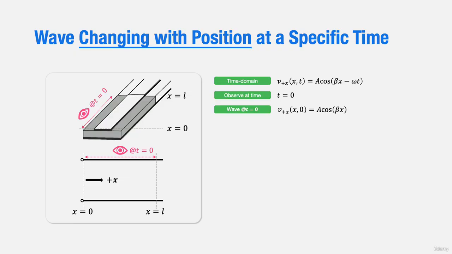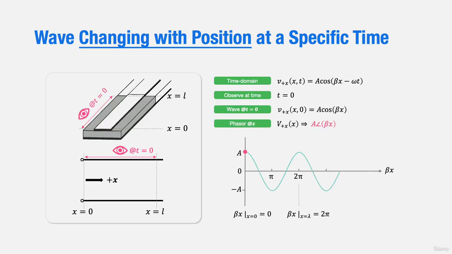This means that the phasor of the voltage wave at different positions is A with an angle beta x. At this moment in time, we can observe that the voltage wave's variation at different position x is sinusoidal and has an amplitude of A.